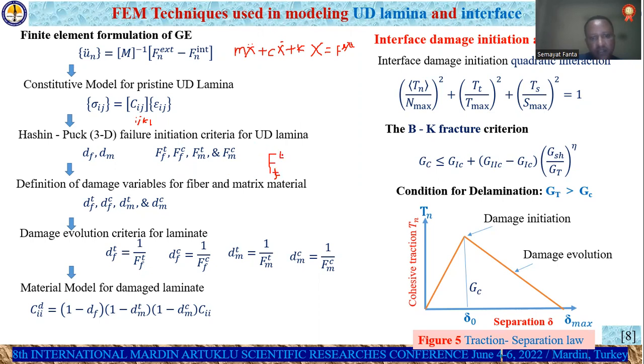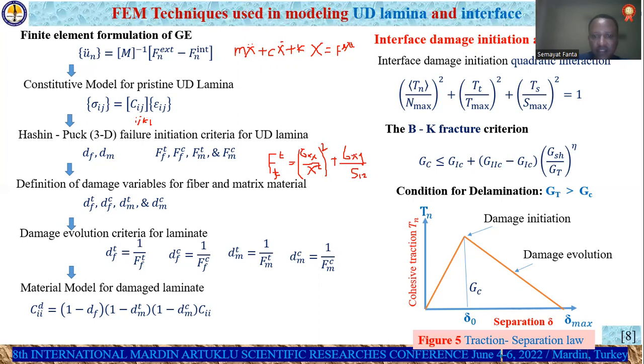Fiber failure in tension is equal to sigma xx over X, this is the X strength in tension, squared, plus sigma xy over, okay, here S12.